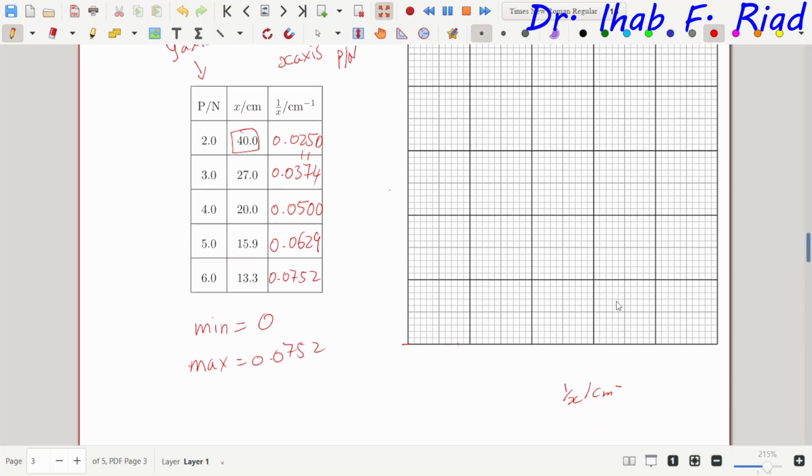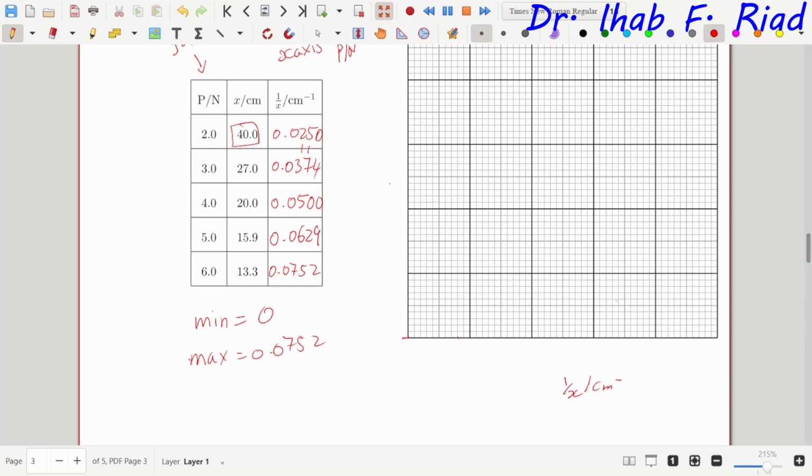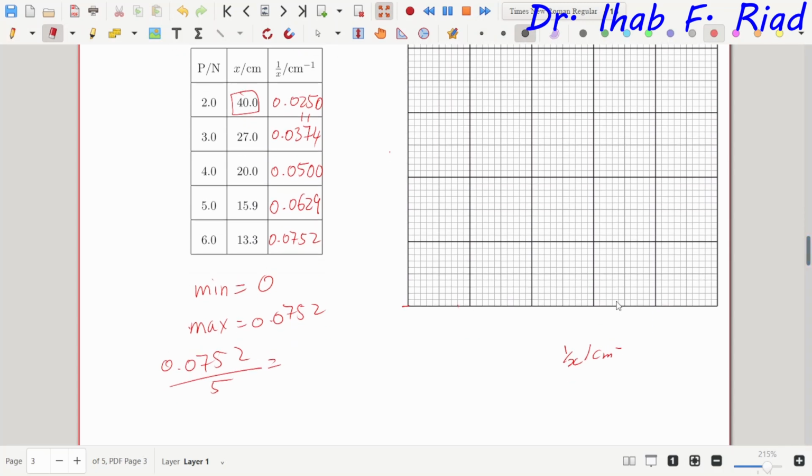On the x-axis we were instructed to use a maximum of 0.0752. Then to find the scale, 0.0752 divided by 5. Why 5? Because we have 1, 2, 3, 4, 5. Remember that. This is how we calculate our scale.